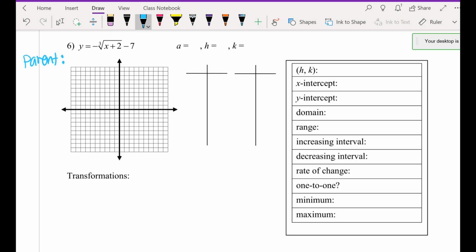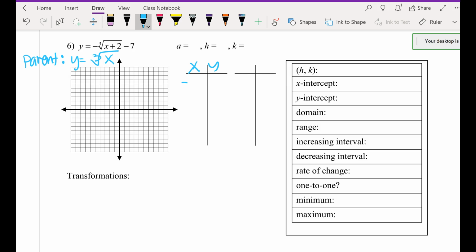Dominic, what do you think the parent function is for our example 6? Cube root of x. Very good. Okay. All right. Matt, all 5 inputs and outputs for the parent. For x, it's -9, -4, -1, 0. Oh, no, for the parent. Sorry, I don't follow.